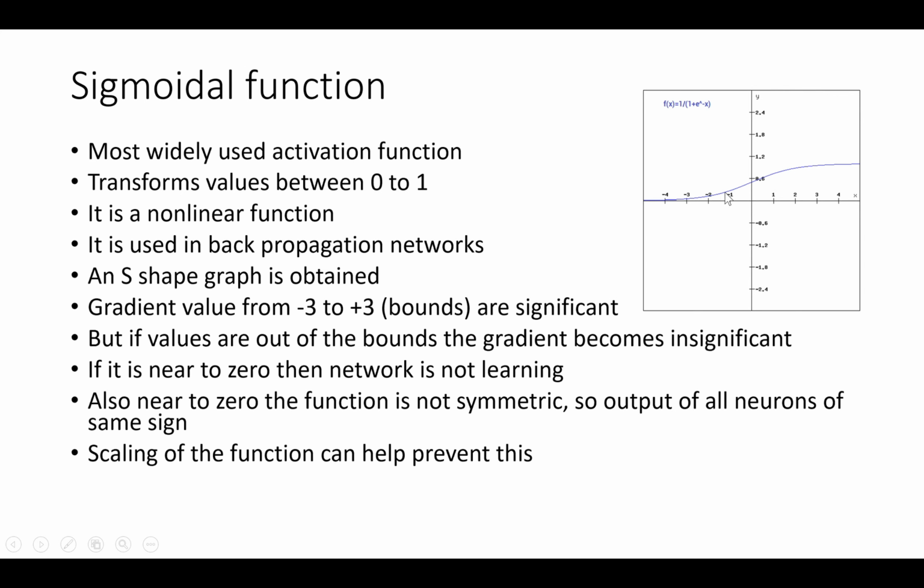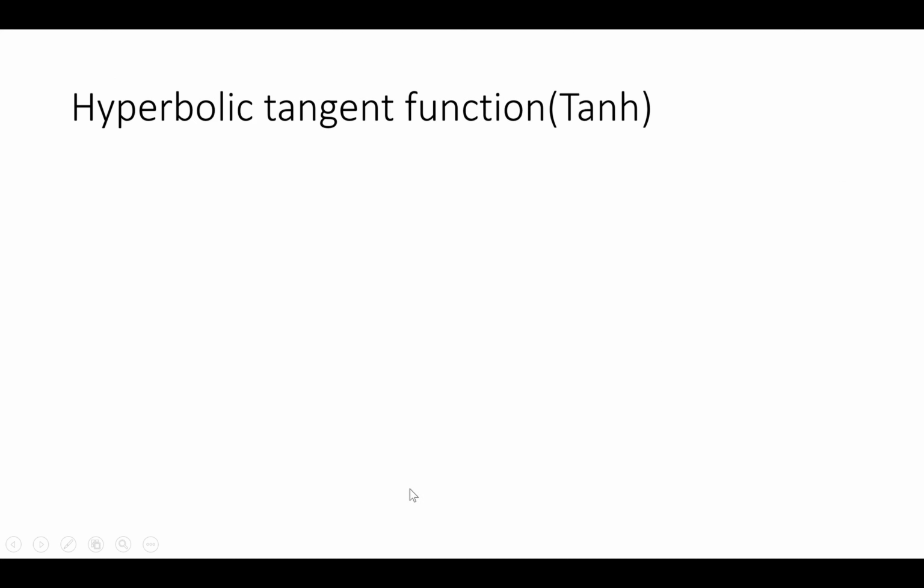But there is a possibility of preventing this issue. Scaling of this function is found to be good in preventing this issue. This issue is addressed by the hyperbolic tangent, where scaling is done. What do we mean by hyperbolic tangent?